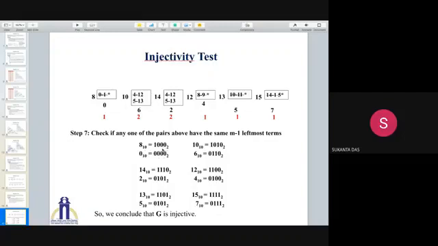And here I am getting 1, 0, 0, 0, 0, 0, etc. For 14, I am getting this one. Okay, and this one I am getting. Okay, and this one.